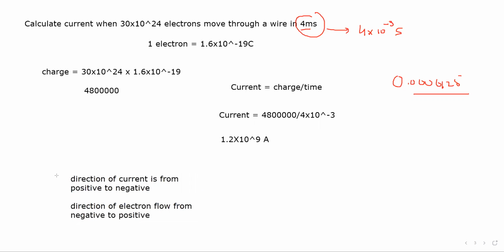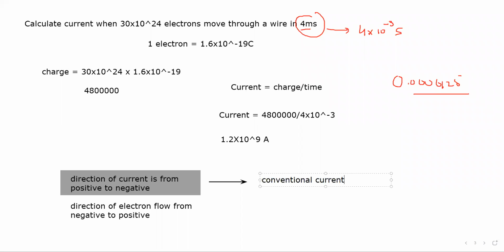So whenever a question asks you to show the direction of the current, you will always show it from positive to negative. This is just an assumption, also known as conventional current.